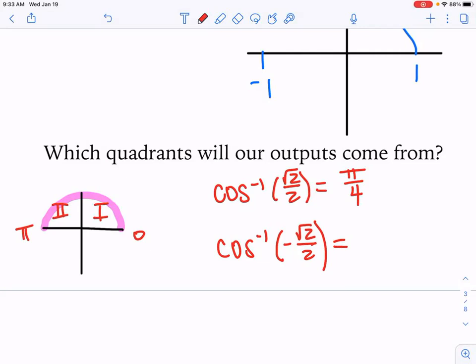That output isn't going to come in the first quadrant. It has to come from the second quadrant. What's that angle? 3 pi over 4.